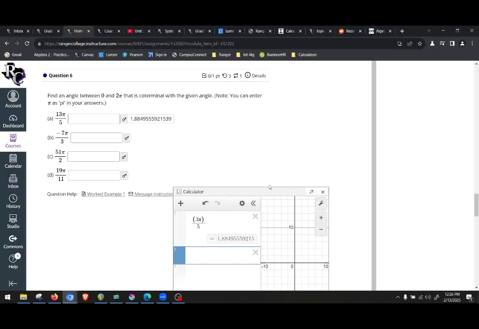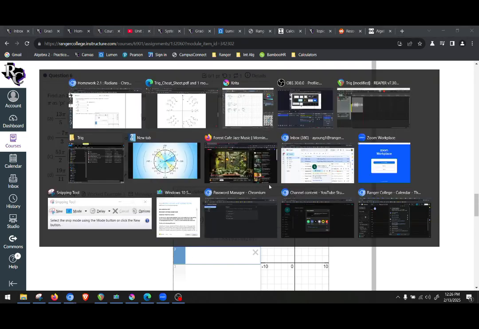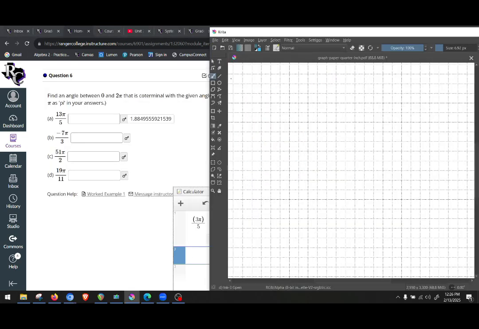Okay, part B. Well, it's a negative number, so we know that's going to be less than 0. So we're going to be adding 2 pi to it until we get between 0 and 2 pi.